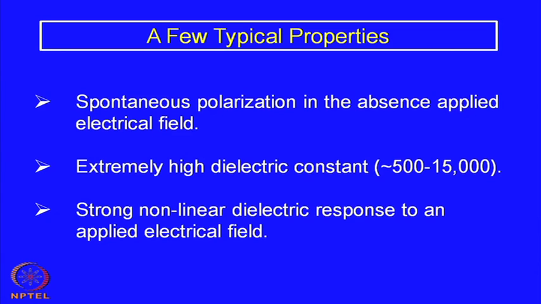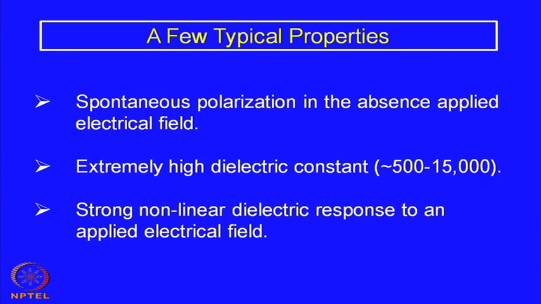We have discussed several times that they have a spontaneous polarization in the absence of an applied electric field. That comes from the particular crystal structure, a particular deviation from symmetry. This spontaneous polarization leads to domain structure, and that also leads to dielectric or ferroelectric hysteresis.